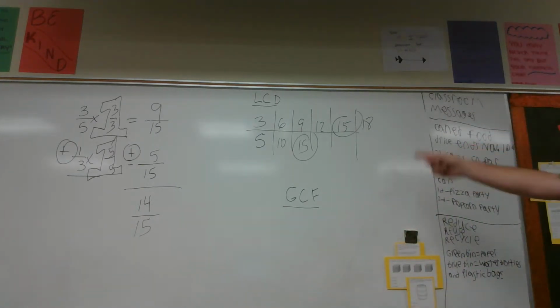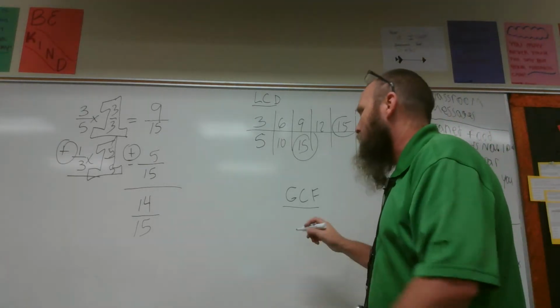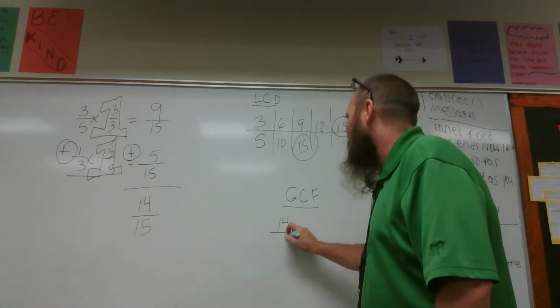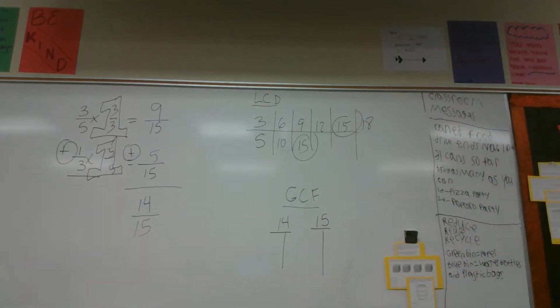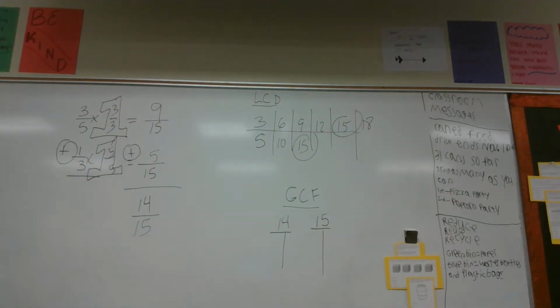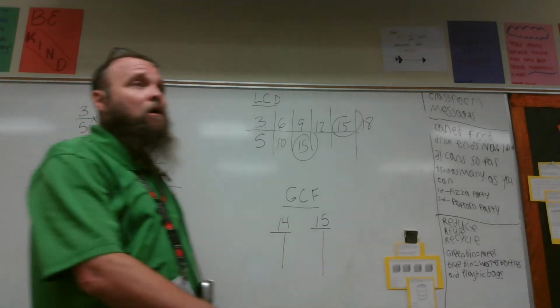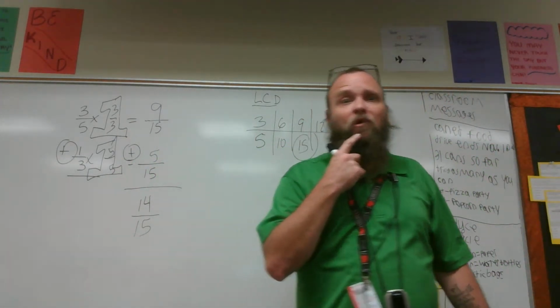Now we need to use the greatest common factor to see if we can simplify this fraction, which I'm going to tell you right now you can't, because anytime the numerator and denominator are within 1, you're not going to be able to simplify it. But we're going to check anyway, because I know you guys are diligently writing these notes down. So tomorrow when you're told, do it on your own, you're not going to go lip quiver.